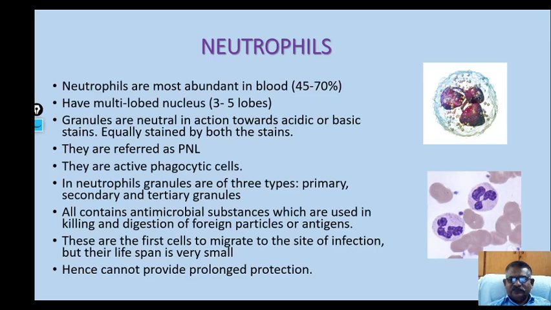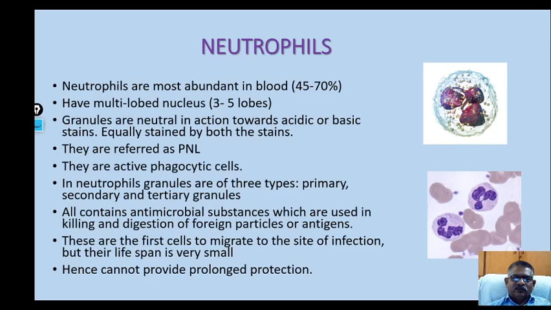In neutrophils particularly, the granules are of 3 types: primary, secondary and tertiary granules. All granules contain antimicrobial substances which are used in destroying foreign particles or foreign antigens when they are introduced into the host. They migrate to the site of infection, but the lifespan is very small, 3 to 5 days.